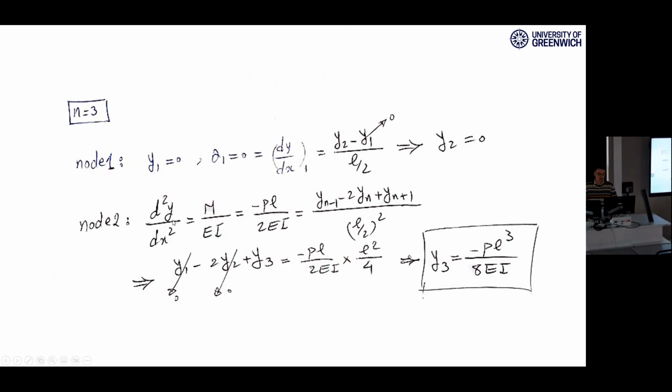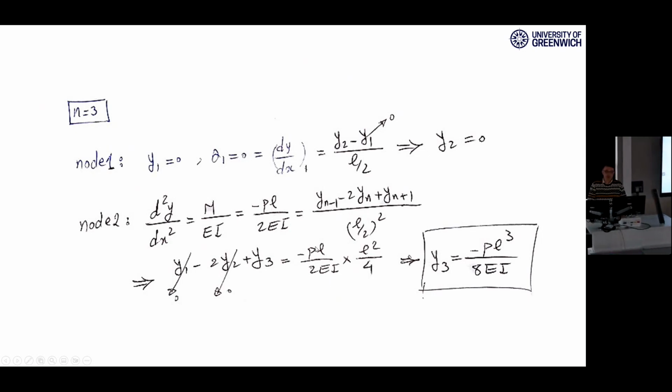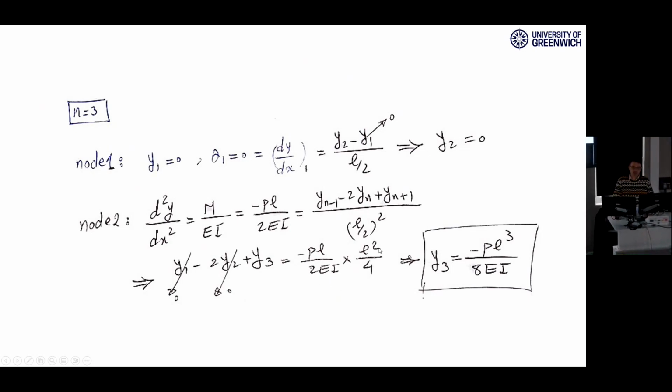So it would be y1 minus 2y2 plus y3 equal to M times h squared, or delta x squared, right? L squared is L over 4, right? If you put y1 and y2 as 0, you will come up with y3.